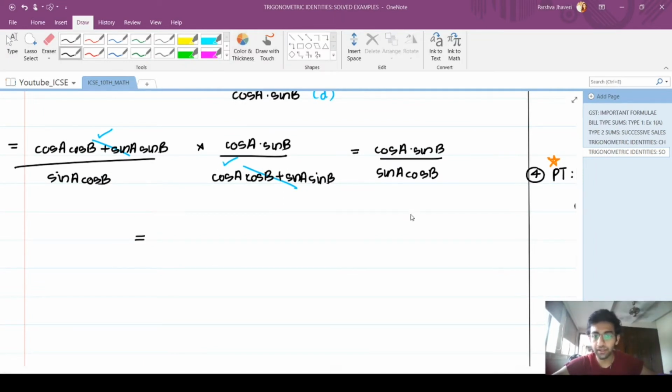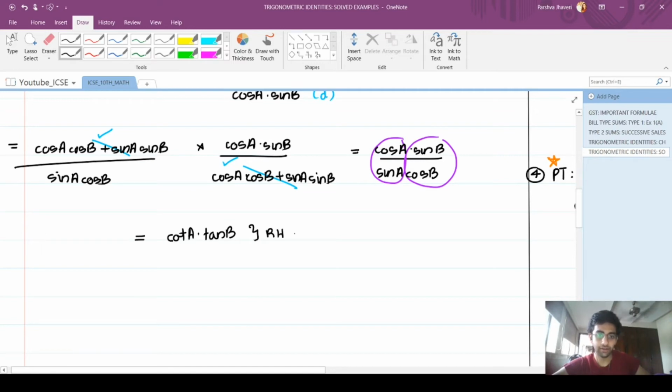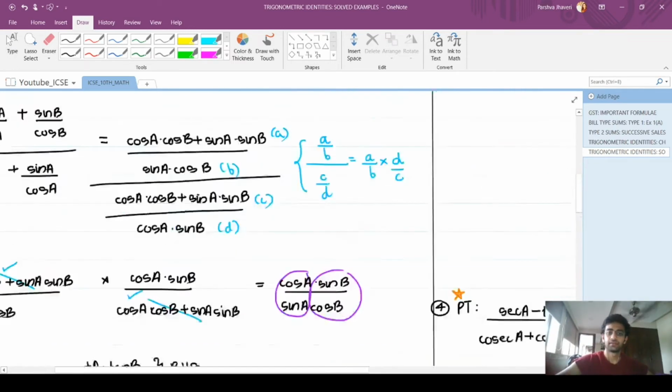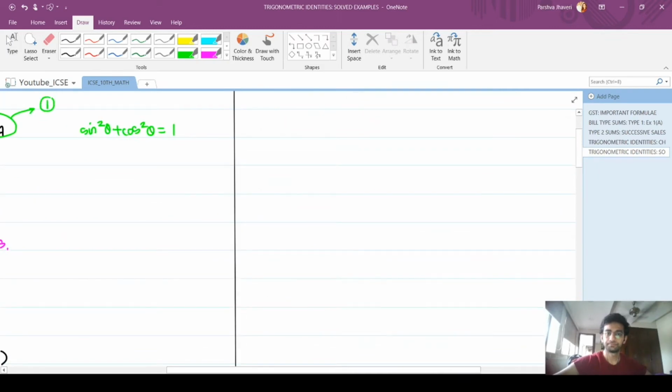Yes, I can see cot A. Where is my cot A? Look at this, this is my cot A. This is my tan B. Sin upon cos is tan, cos upon sin is cot. So we can get it as cot A into tan B. This is nothing but your RHS. Move on to the next one.